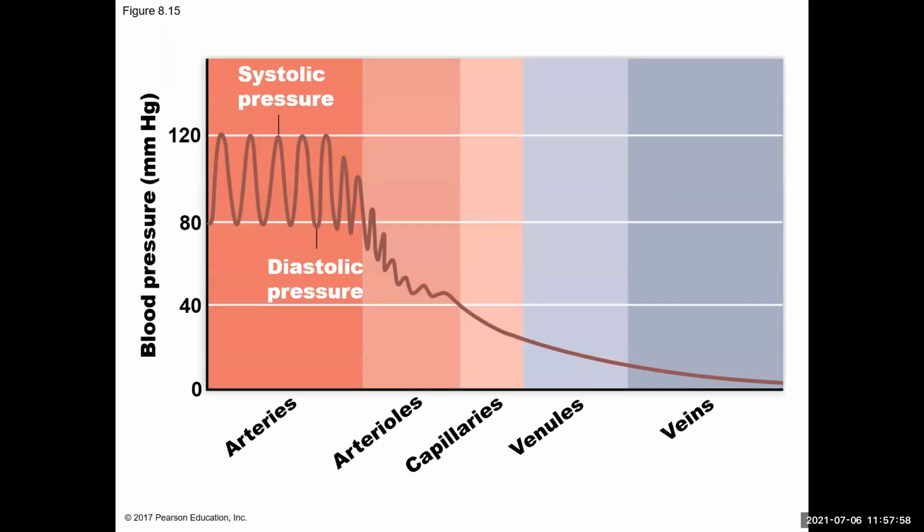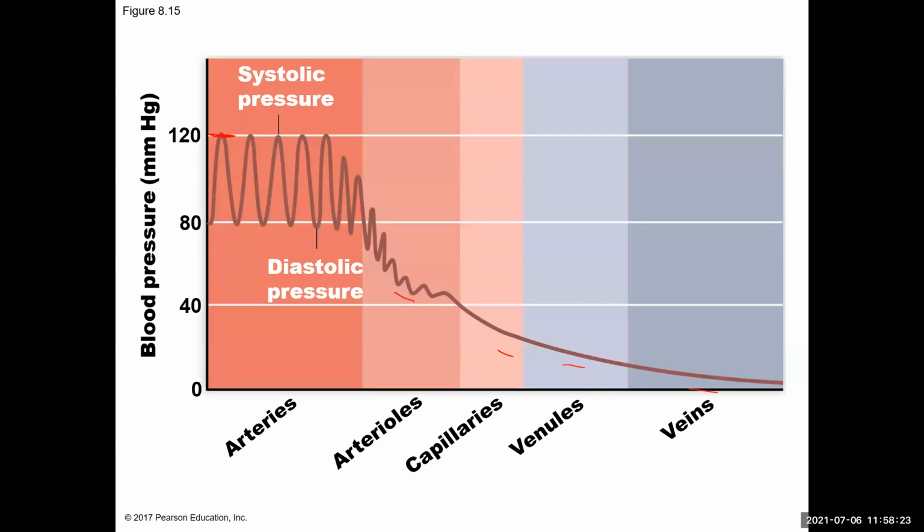And if we look at typical pressures within the vessels, you see arteries have the highest pressure, so that 120. And then as you move away from the arteries coming out of the heart into the arterioles, the capillaries, the venules, the veins, the farther you get away from the contraction source, the lower that blood pressure is going to be.